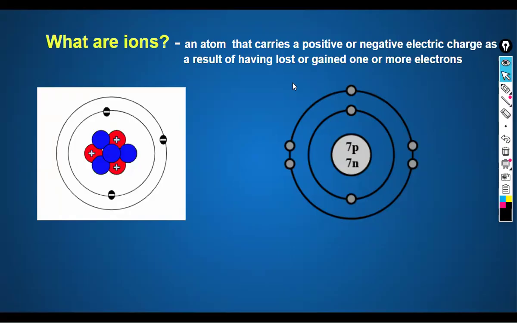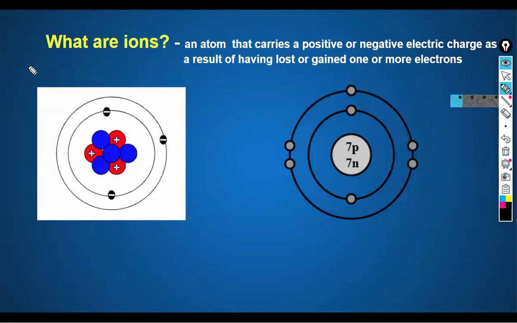I'm hoping my class doesn't end up like that, right? So what are ions? An ion is an atom that carries a positive or negative electric charge as a result of having lost or gained electrons. All right, let's put that into play here.